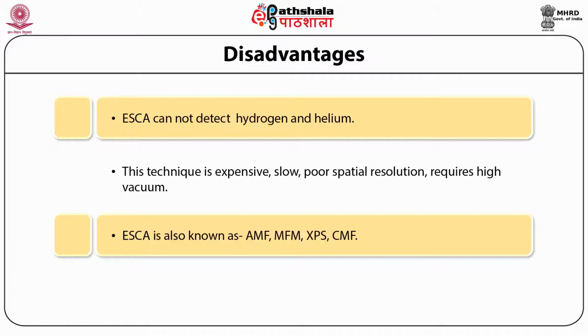Though it is very useful, as we said, it cannot detect hydrogen and helium. Whenever there is any compound where hydrogen is present and this compound gets adsorbed in the form of a thin layer on the surface, we can certainly find out about all other elements.